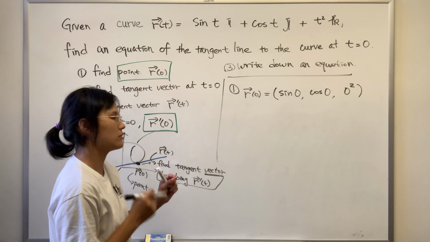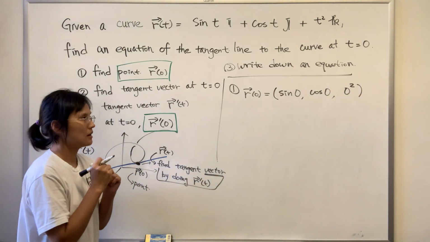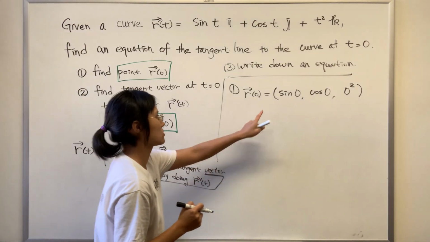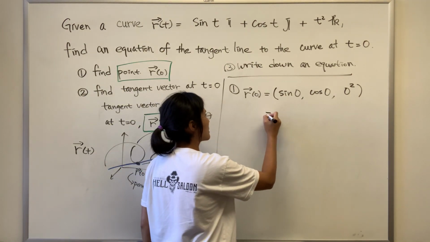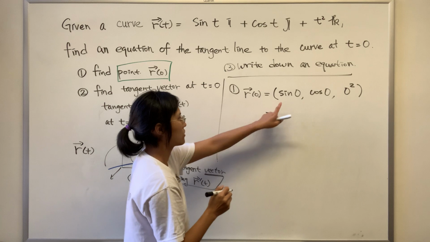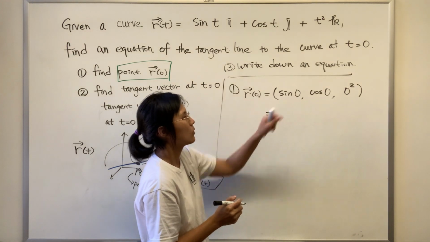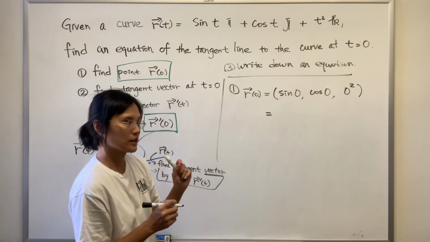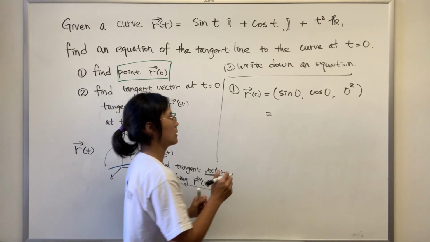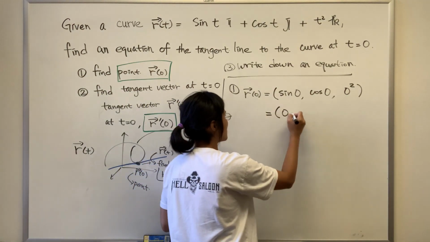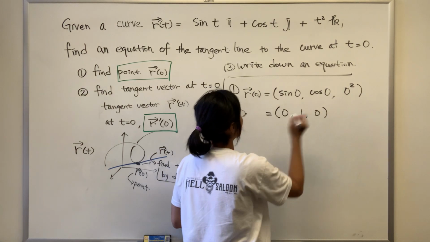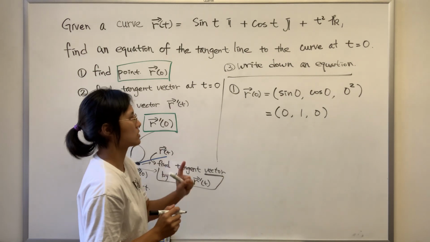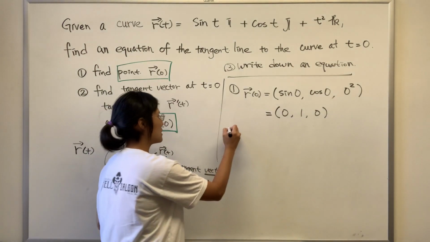Remember we talked about trig functions at special angles. You're supposed to know this. If you don't know how to find the values here, we have a supplemental video on trig functions at special angles. You should watch those. So this is 0, this is 1, this is 0. Great, I have a very simple vector pointing towards the y-axis.